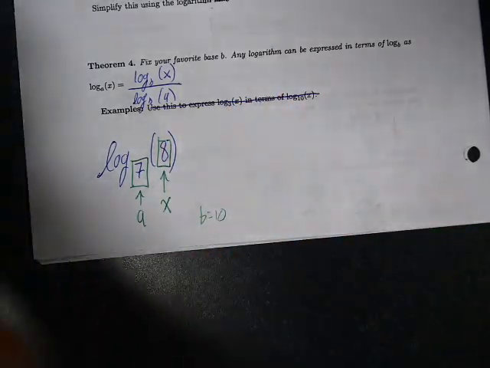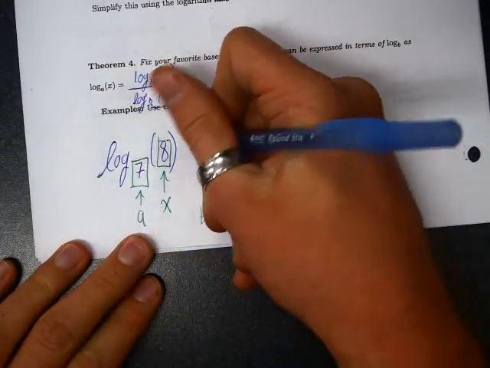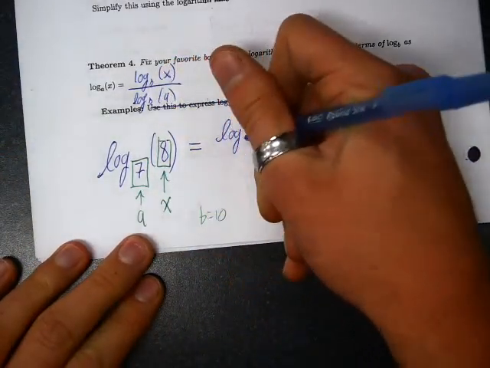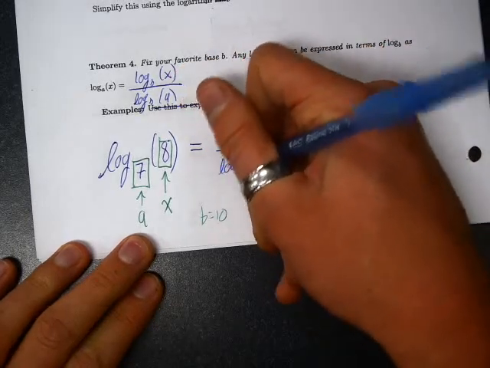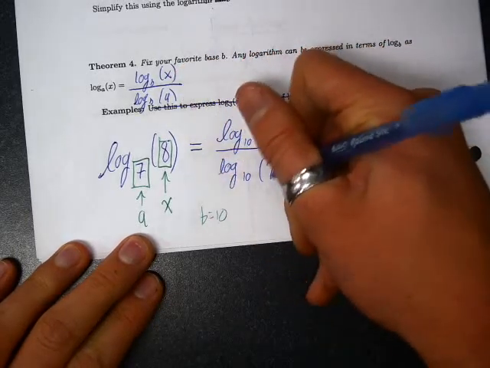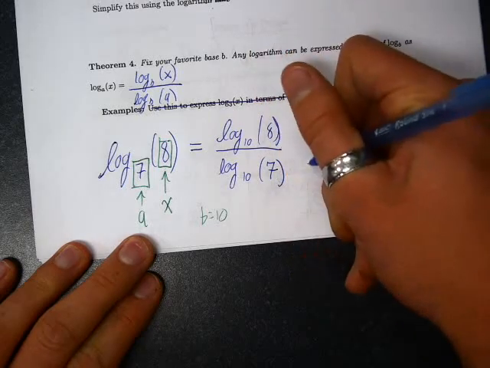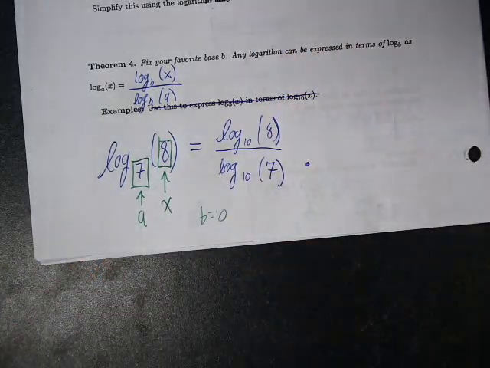And we'll see that this quantity is the same thing as the log base 10 of 8 divided by the log base 10 of 7. Nice. So even if your calculator only has a log base 10 button, or maybe a ln button, you can work with any base you want by doing that.